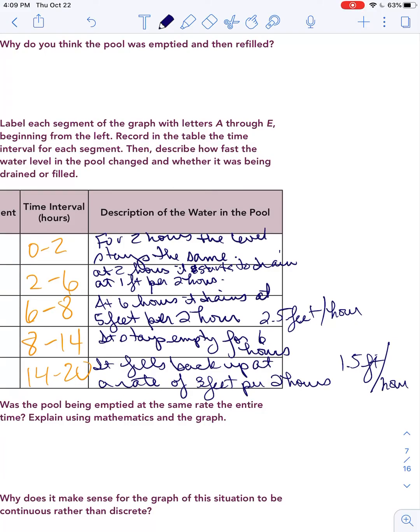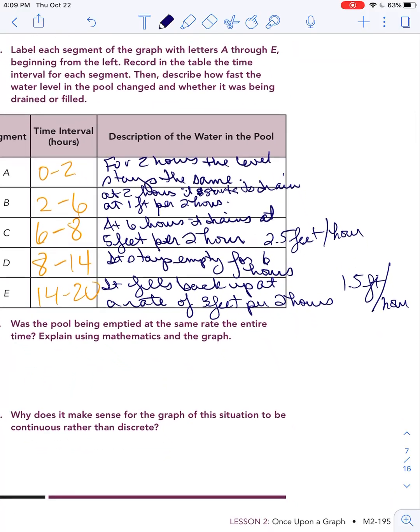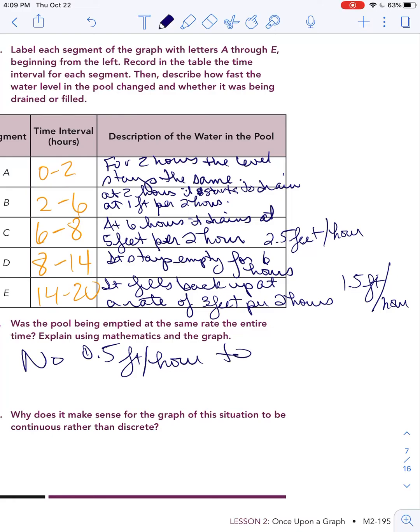It makes so much more sense. Was the pool being emptied at the same rate the whole time? No. Because it started off emptying at half a foot per hour, to 2.5 feet per hour.